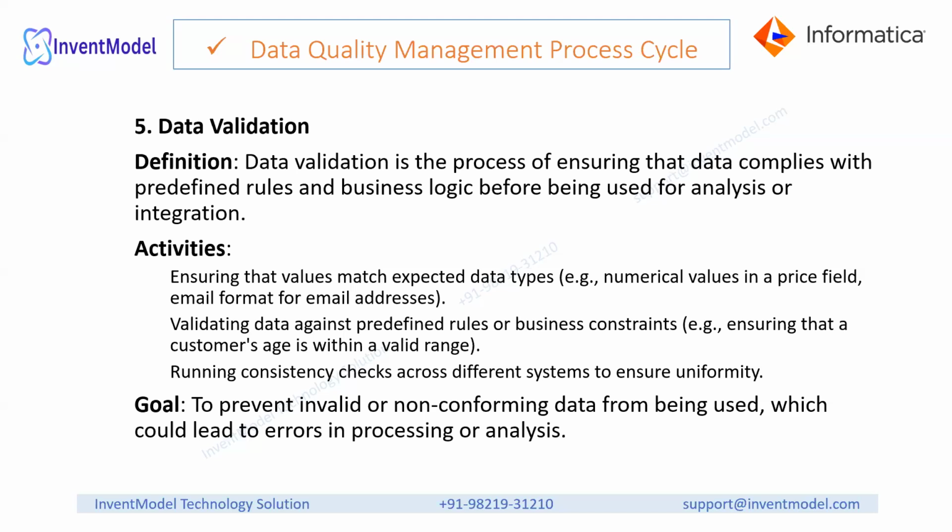Ensuring that values match expected data types. For example, a numerical value in a price field, email format for an email address. So if we have email values coming in an email column, that must have the email data type defined. Similarly, if we are getting some price information, that must have numeric data. So we have to make sure that the data type is matching for all the information.